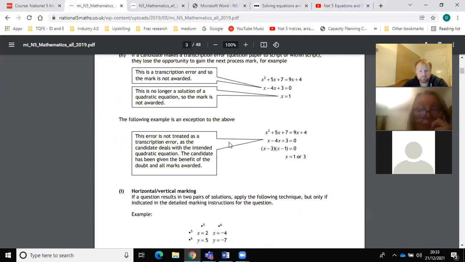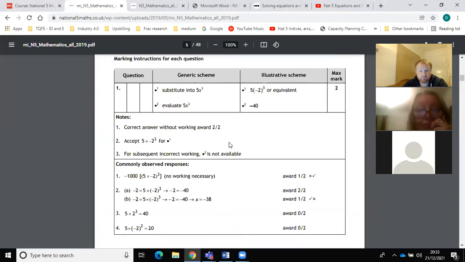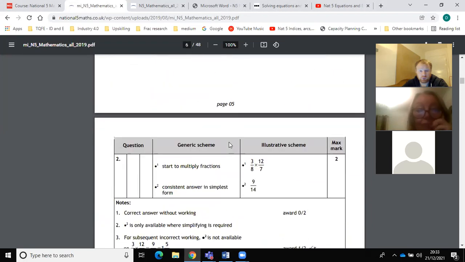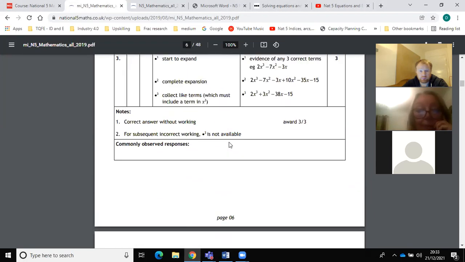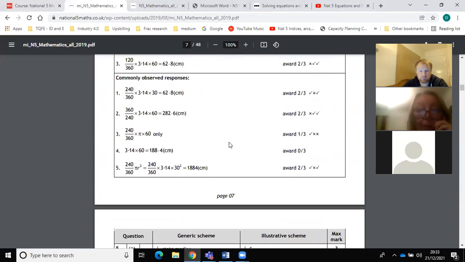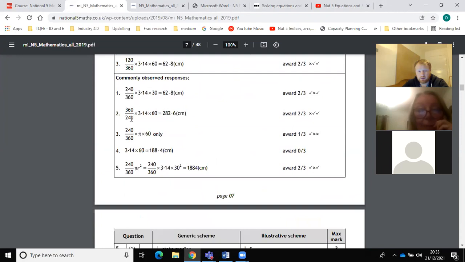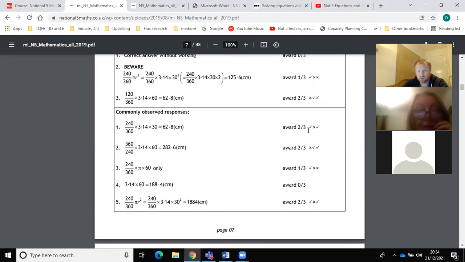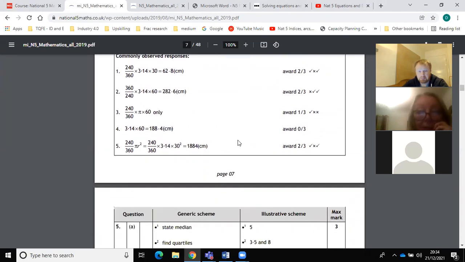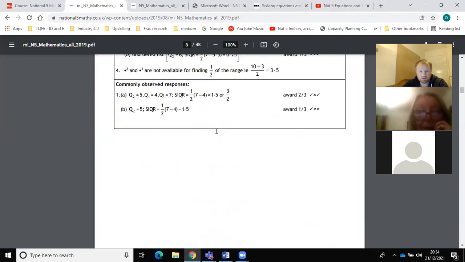It's quite good. This is really good. See that one, it walks you through the angles one quite well and shows you where the marks are coming from. There you go. Yeah, okay, good.